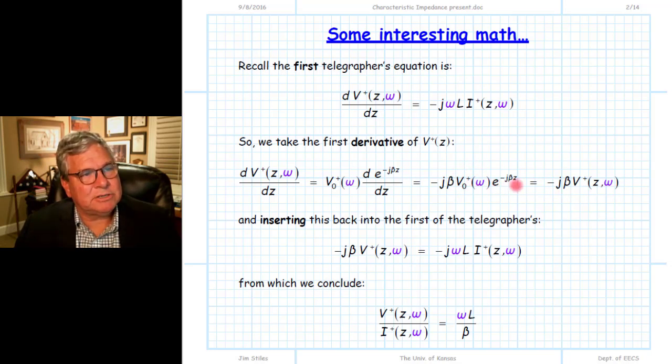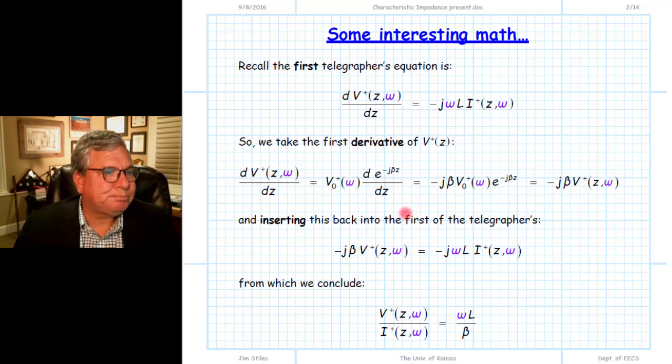V0 plus times e to the minus j beta z is the plus voltage function there. So we take the derivative of the plus voltage function and we get simply the plus voltage function itself times minus j beta, hence the result of taking derivatives with an exponential.